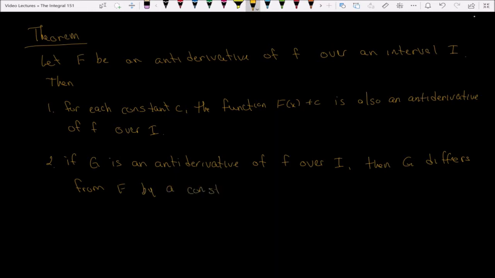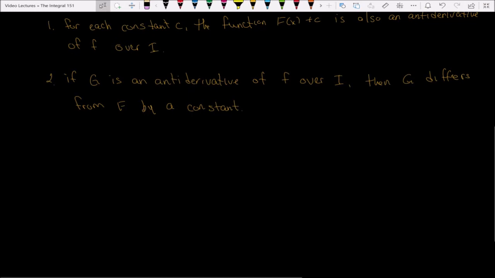What this statement says is that the antiderivative of a function is unique up to a constant. Now, we shall prove this. I'm only going to prove the first statement. The second statement is actually a consequence of the first.